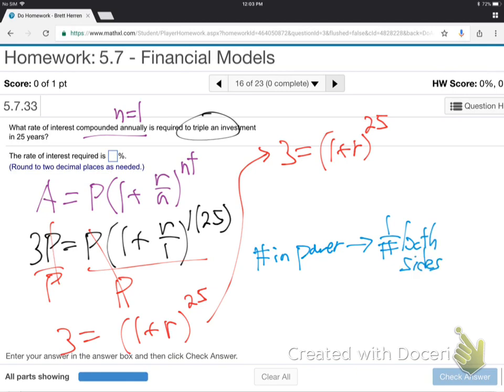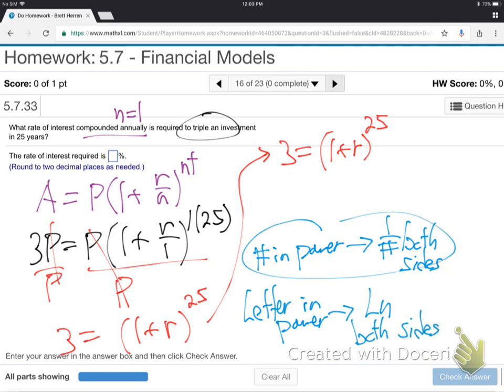And if you have a letter in the power, you do ln of both sides. Everybody okay on those two? Because they're going to give us both of them. So if you have a number in the power, like we have the 25, then you do 1 over the number on both sides. If you have a letter in the power, that's ln, right? That's the number in power, letter in power thing I'm trying to key your memory for.